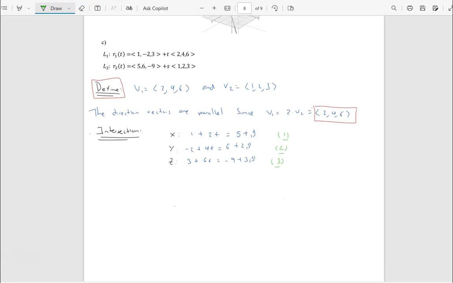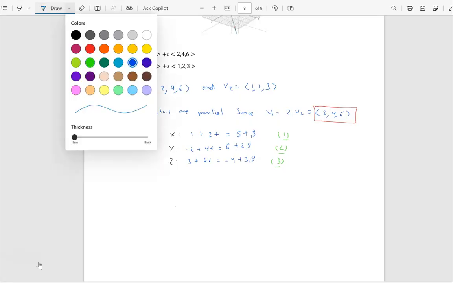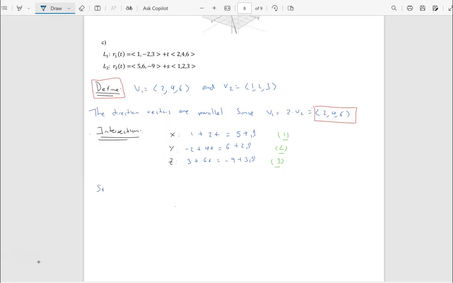Okay, so let me solve equation 1 for t. You technically have 1 plus 2t, which is equivalent to 5 plus s.